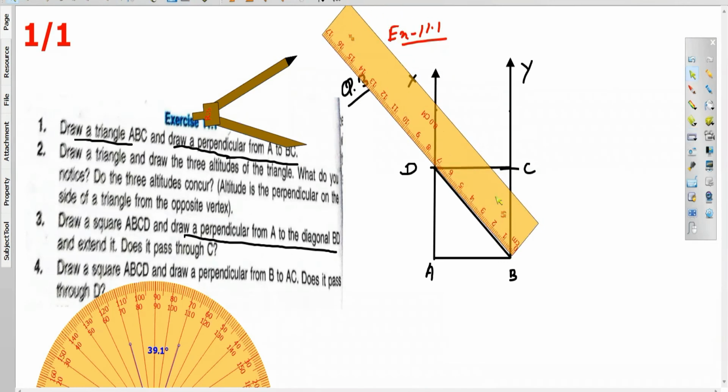Place your scale on the line segment BD. Now you have to bring the set square again, and you need to place it on BD, and the other side should be towards A, like this.